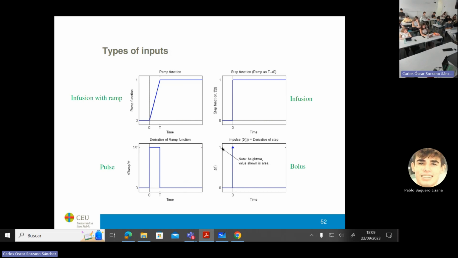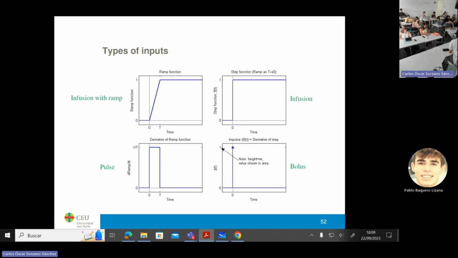Infusion, for instance, is when you are administering some drug. These infusions are constant, but then you make a rise. You may have an infusion as a step function, or you can have something that is called a bolus. A bolus is just the delta.